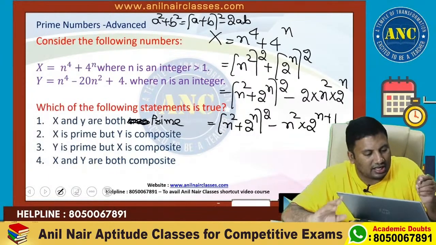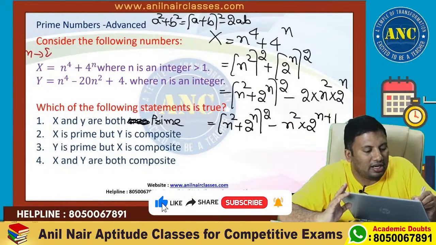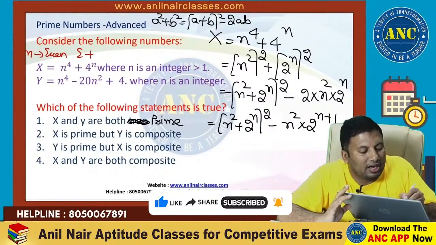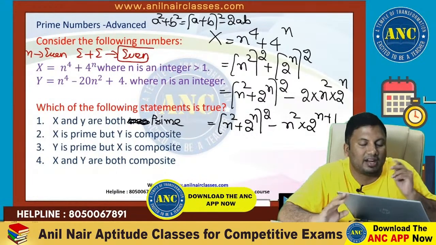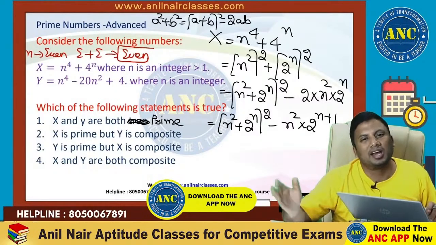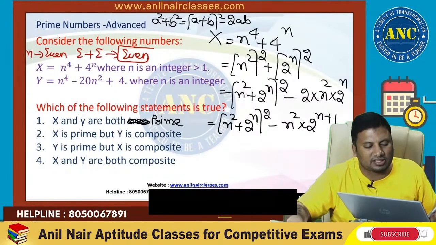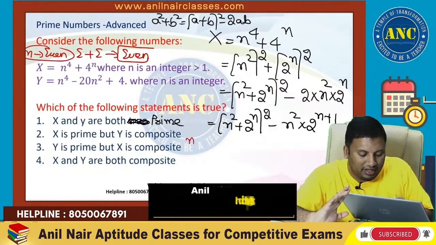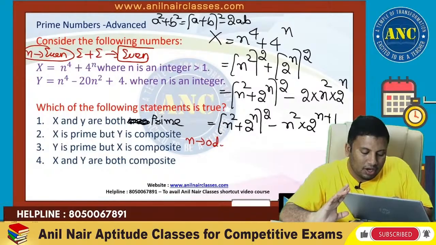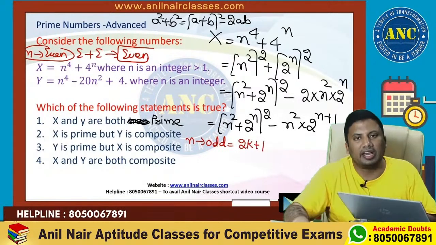If n is an even number, even power of any number is even, and even plus even is even. The right hand side is an even number. Other than 2, all the prime numbers are odd. So n being even is not possible. If n is an odd number, it is of the form 2k plus 1, where k can be 0.